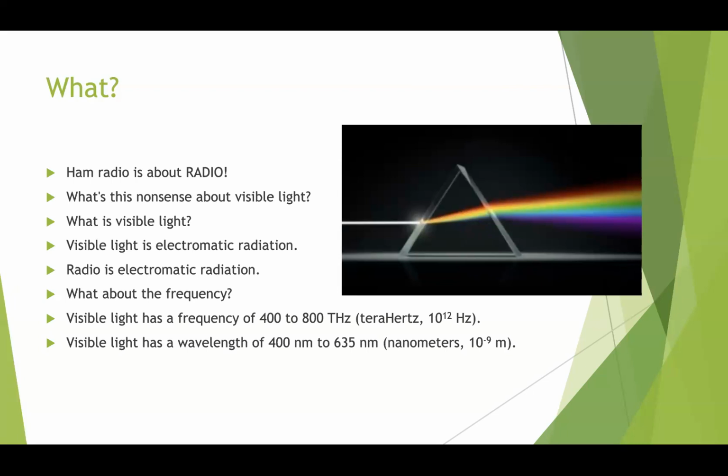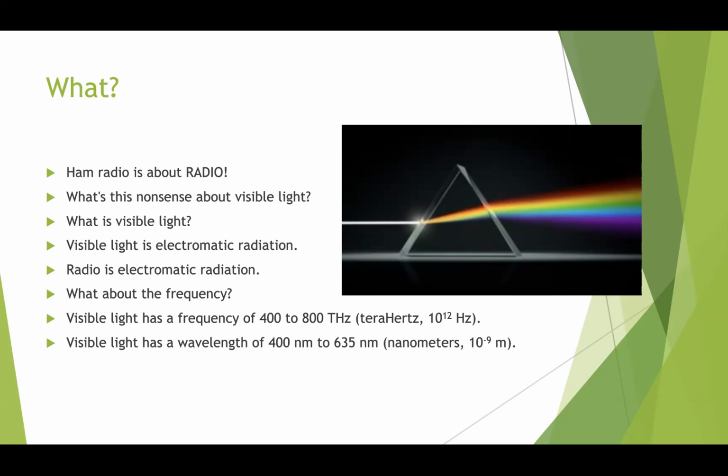What is visible light? Well, visible light is electromagnetic radiation, and radio is electromagnetic radiation. So there's a little bit of a parallel there. What about the frequency? Well, you know how we talk about how we're typically on 2 meters, in the 144 to 148 megahertz.